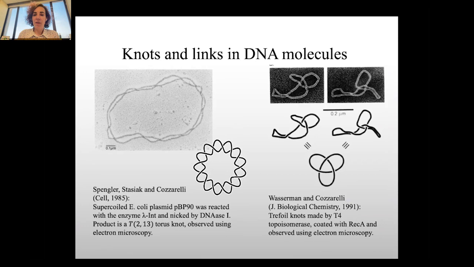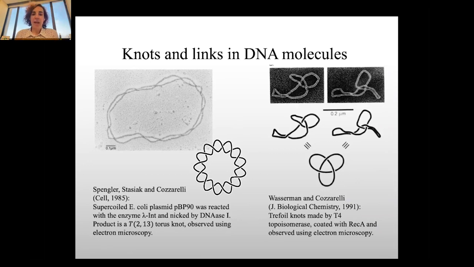And in the image on the right, it's a different type of enzyme that's acting, T4 topoisomerase, a type 2 topoisomerase. And then also the trefoil knot was identified out of this experiment.